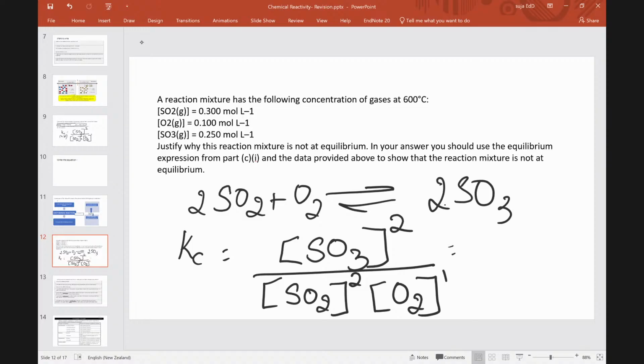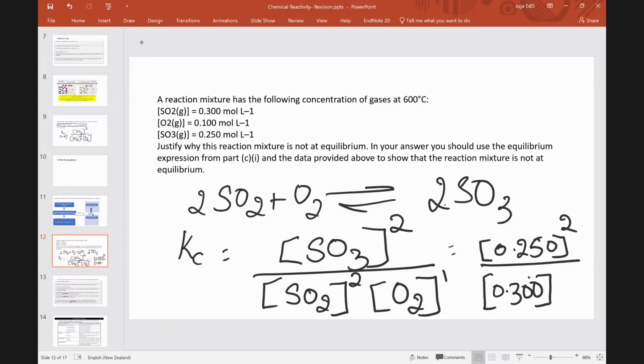So you put SO3 is 0.250 to the power of 2 divided by the SO2 concentration to the power of 2 times 0.1 to the power of 1.